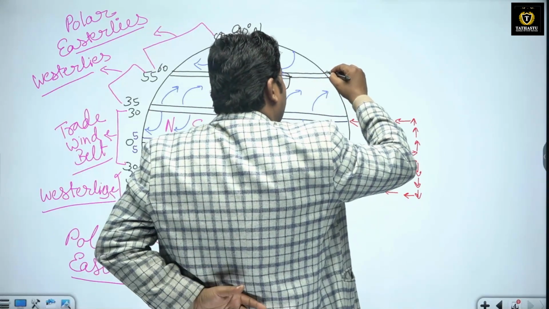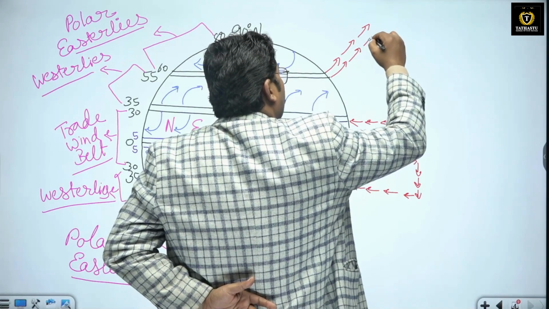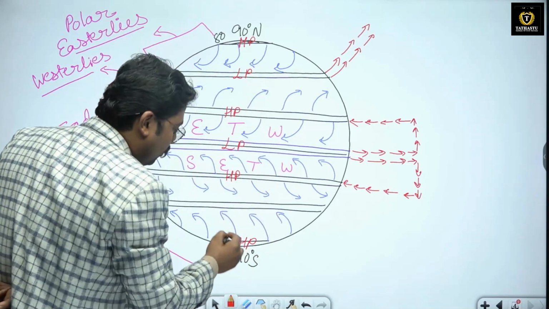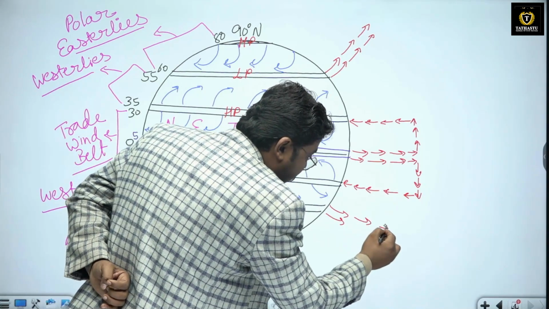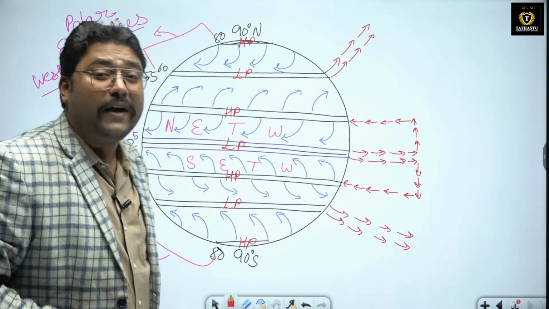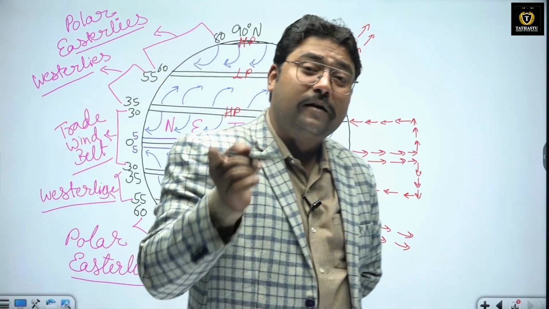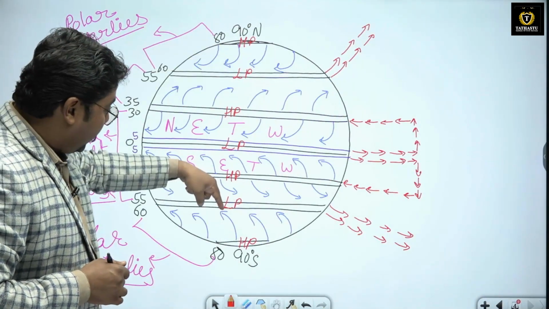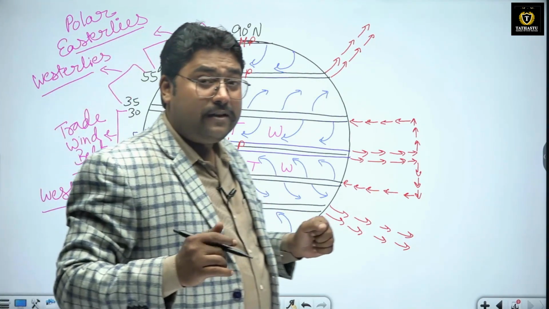And when they move up, the pressure created will be low. This means another pressure belt has been formed due to the movement of wind, and that is the subpolar low pressure belt.